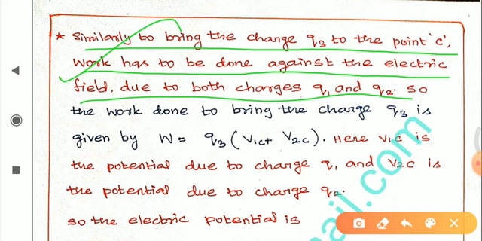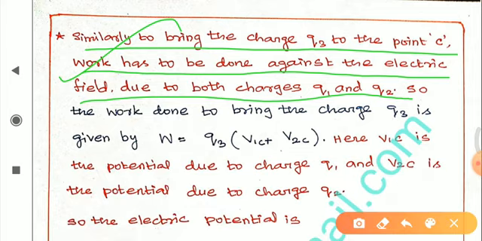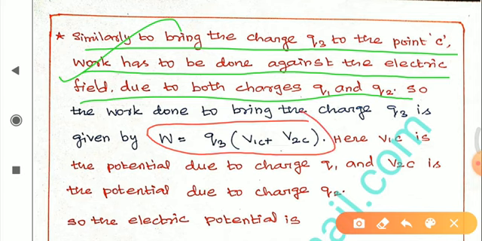It is Q3 into V, but V is due not only to the charge Q1 but also to the charge Q2. So the formula is W is equal to Q3 into V1C plus V2C. What is meant by V1C? The electric potential produced by the charge Q1 at the point C. V2C is the electric potential produced by the charge Q2 at the point C. So the work done is given by Q3 into V1C plus V2C.